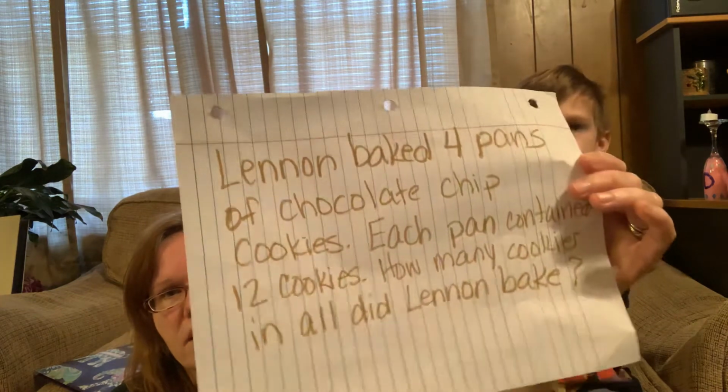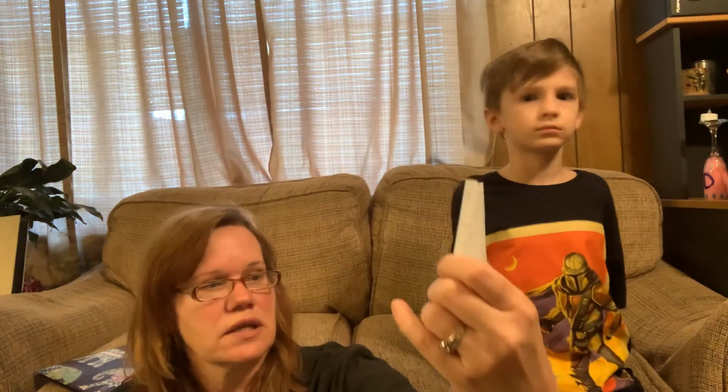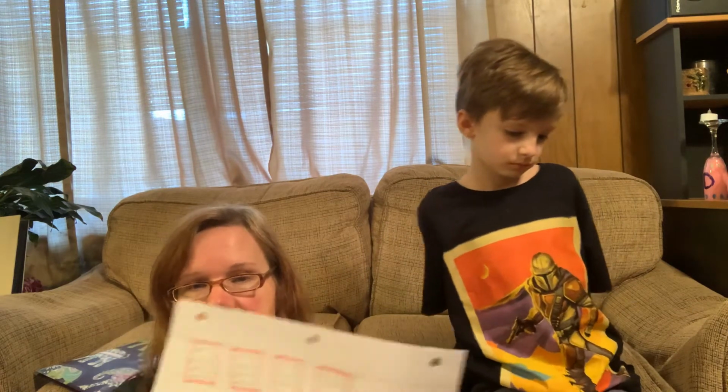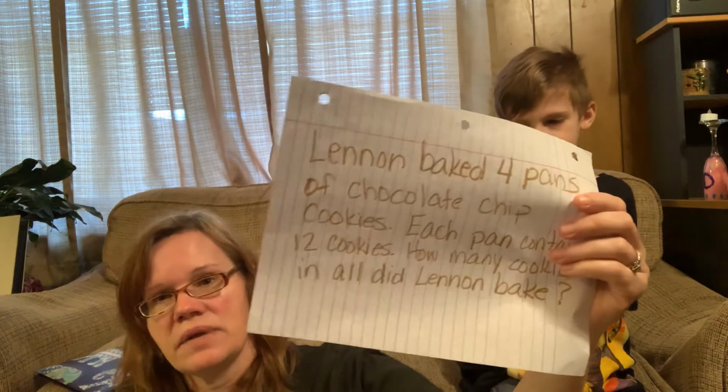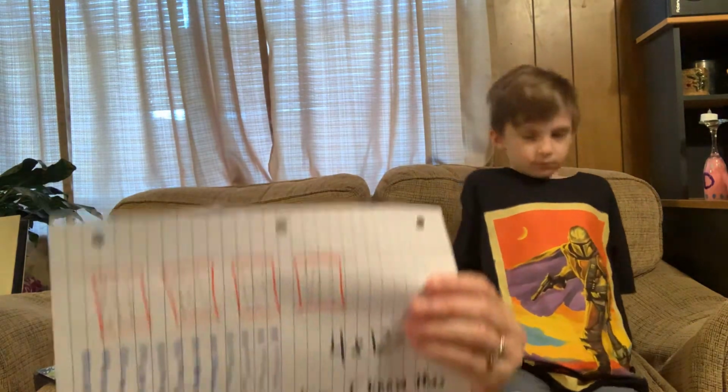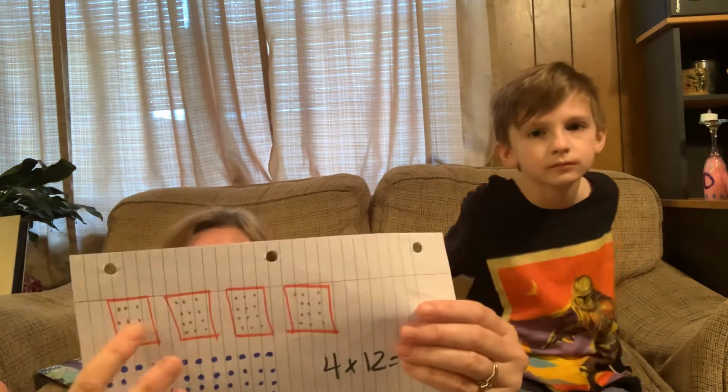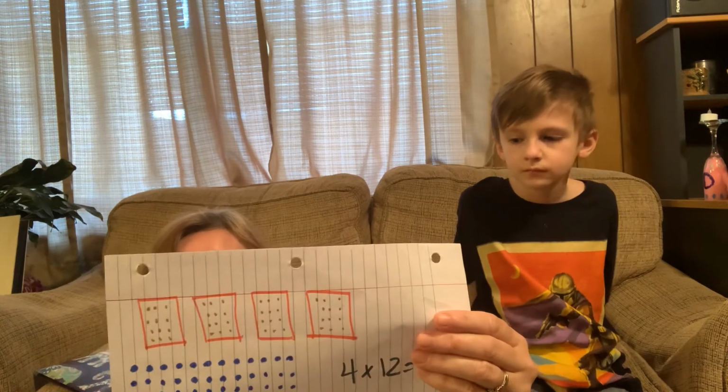Each pan contained 12 cookies, so how many cookies did Lennon bake in all? So I drew 4 pans because my important information was that we had 4 pans, that there were 12 cookies in each pan, and I needed to know how many in all. That's my important information you should have underlined. So I drew 4 pans, and I drew 12 cookies in each pan.